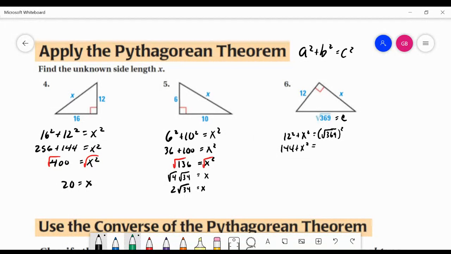Square root and squaring something are opposites of each other, so you're just left with 369. And if you subtract 144, you get 225. And then the square root of 225 is 15. So they actually simplify nicely.